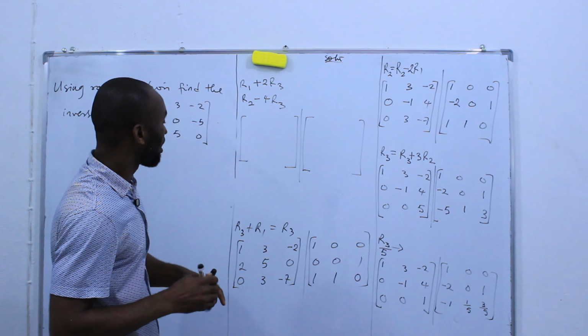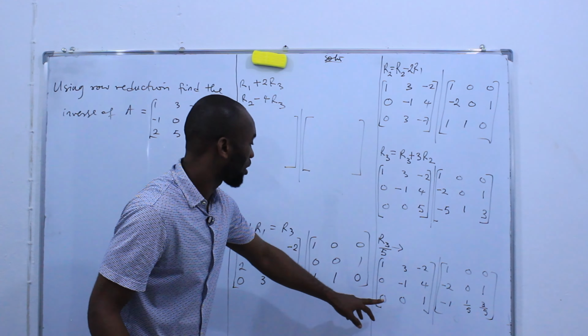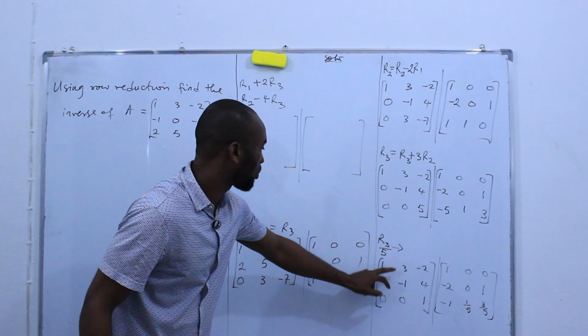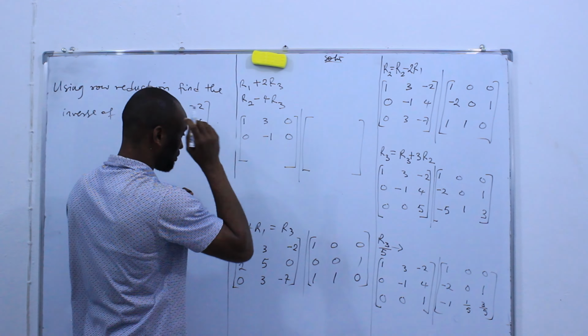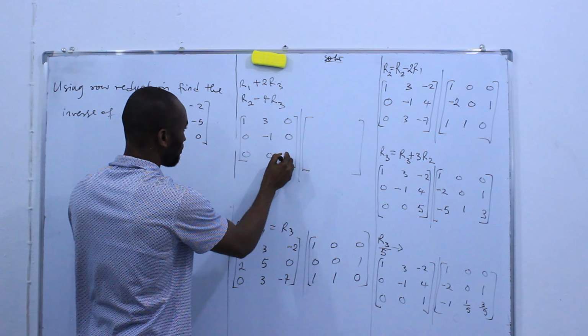Now, row 1 plus 2 row 3 will give us 1, 3, 0. And then row 2 minus 4 of row 3 will give us 0, minus 1, 0. And then we have 0, 0, 1.